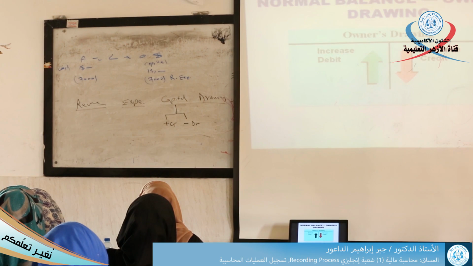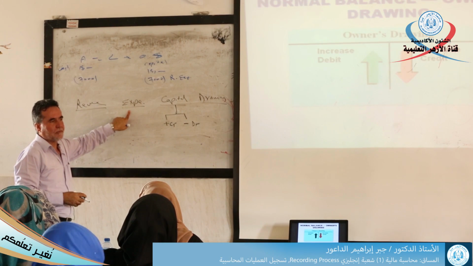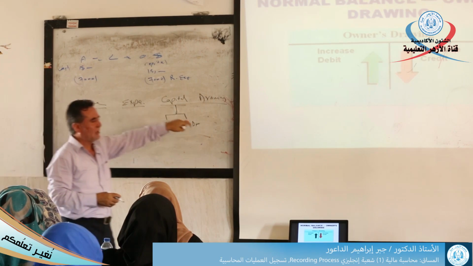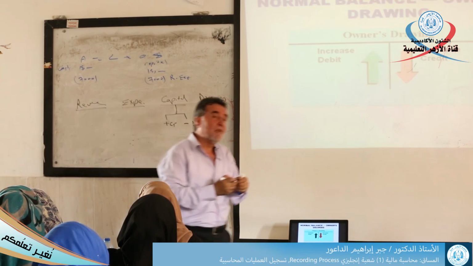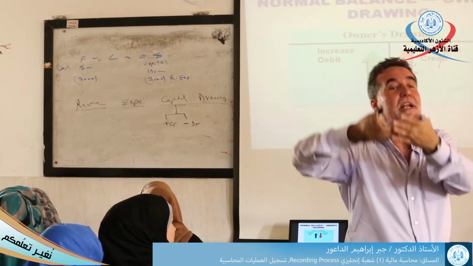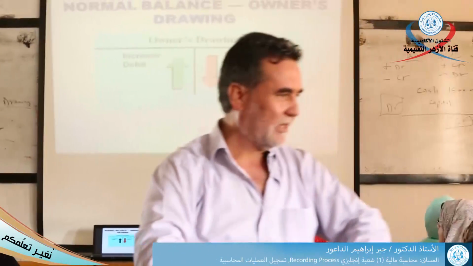Expenses and revenue and the drawing. Also, I said before, 2 items will increase the owner's equity and 2 items will decrease the owner's equity.